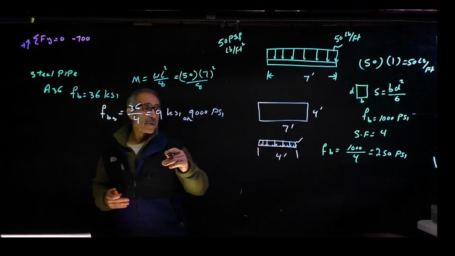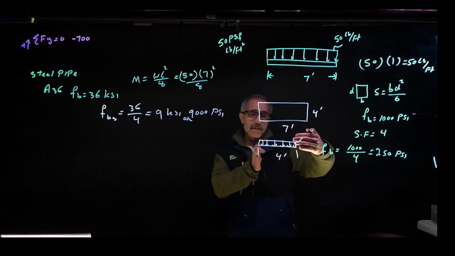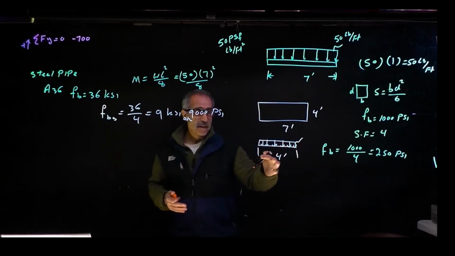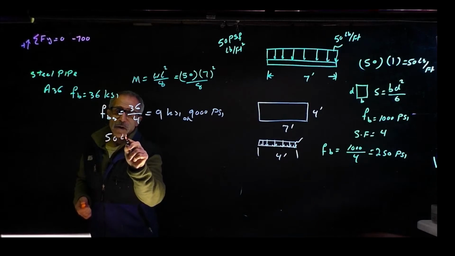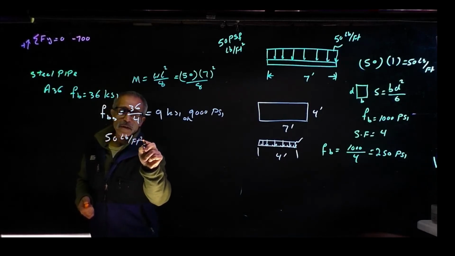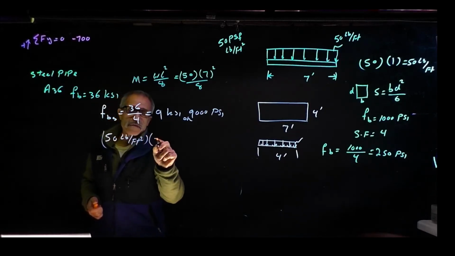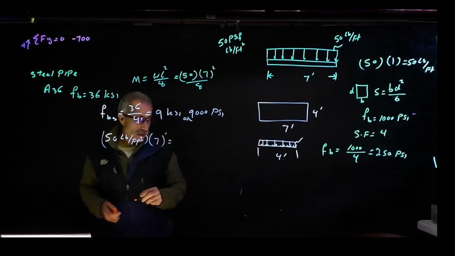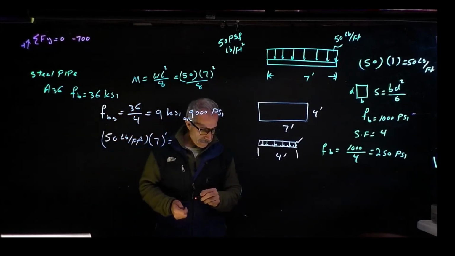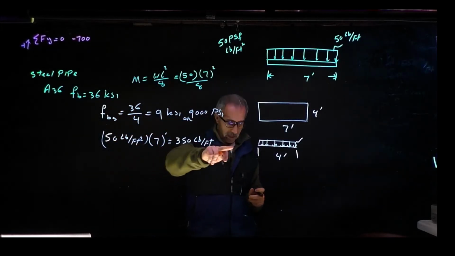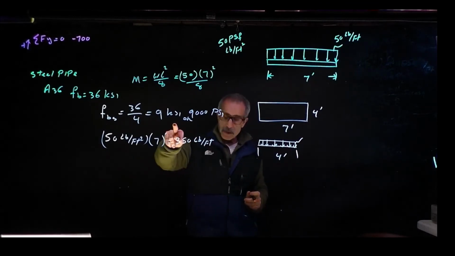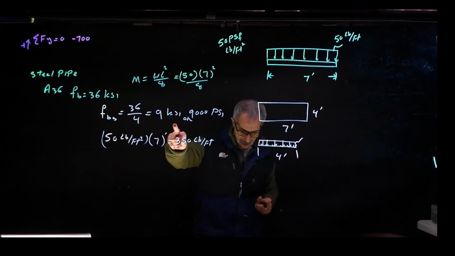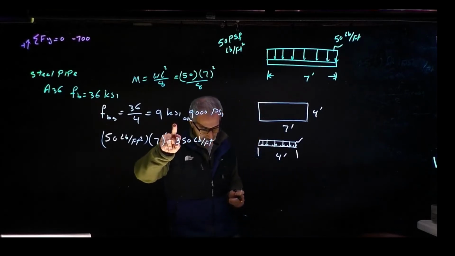So the tributary width of this is going to be that 7 feet in this 4 feet. So we're going to have 50 pounds per square foot. Multiply that by 7 feet, and this came out to be 350 pounds per foot, and we said Fab came out to 9,000, and now we're going to calculate the moment.